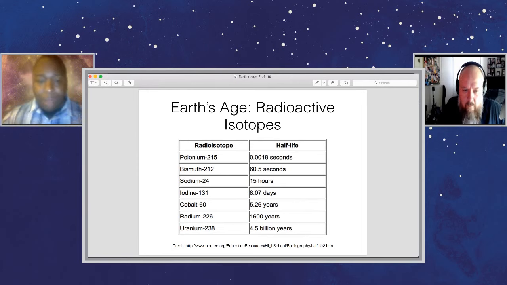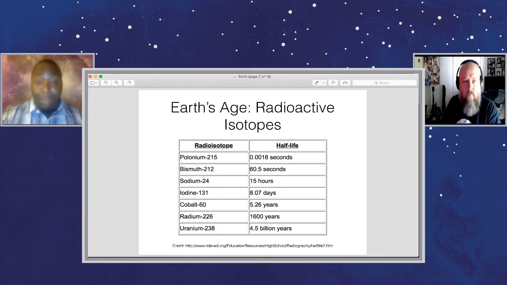But let's say that you've grabbed one of these materials, for example a fossil, and you want to determine its age. Well, you need to know exactly what sort of radioactive isotope to examine. And the reason is because different radioactive isotopes have different half-lives, which means that it takes a different amount of time for it to reduce by half of its initial amount.